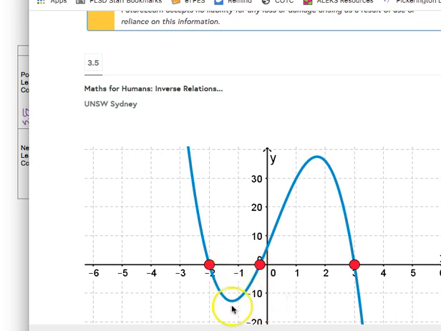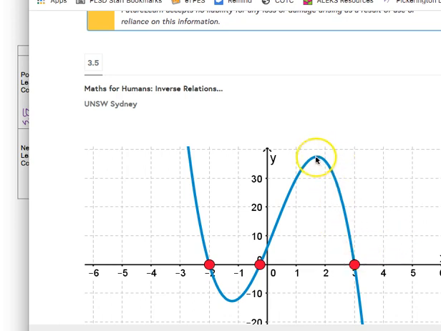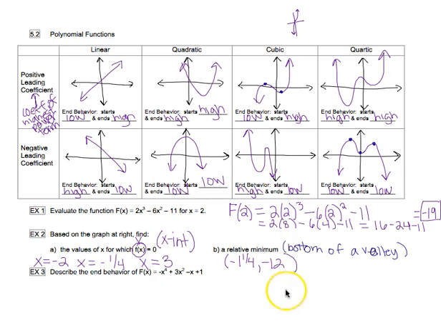So negative 1 1/4, negative 12, and that would be our relative minimum. If they had asked us for a relative maximum, we would look up at this point and say, okay, that looks like it's about 1 3/4 and maybe about 37 or so. So that's what it's asking for when it asks for a relative max or min.